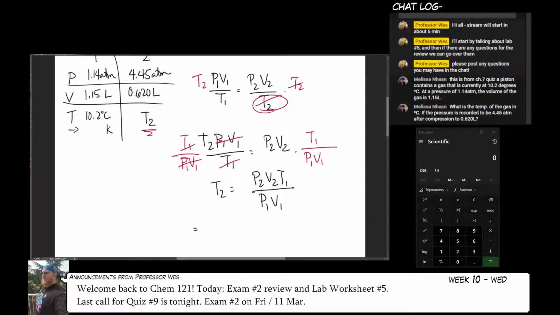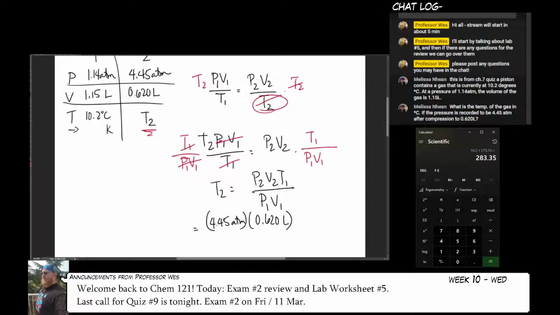And then now we just got to fill in the numbers. So P2, that was 4.45. V2 is 0.620 liters. T1 we got to do in Kelvin. So the conversion from Celsius to Kelvin: 10.2 is our Celsius, and then we add 273.15.